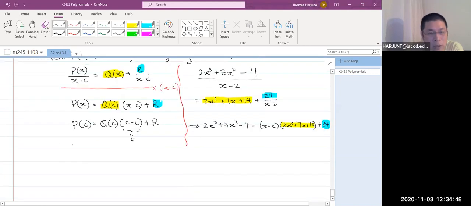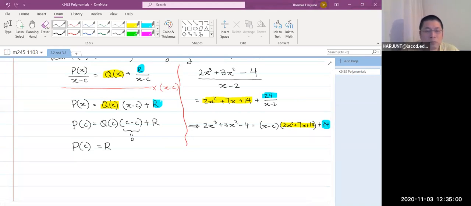Therefore, the remainder is equal to P(c). What does it mean?